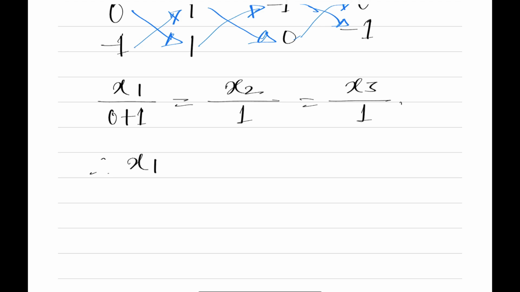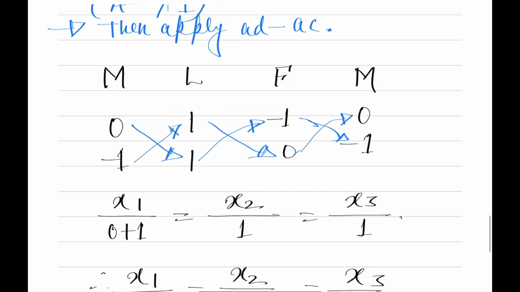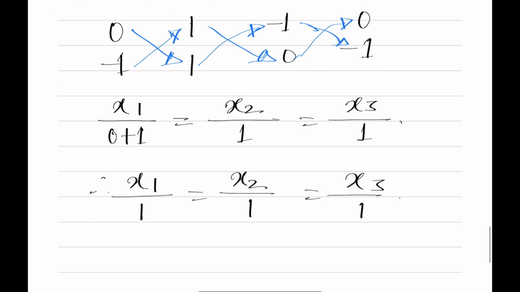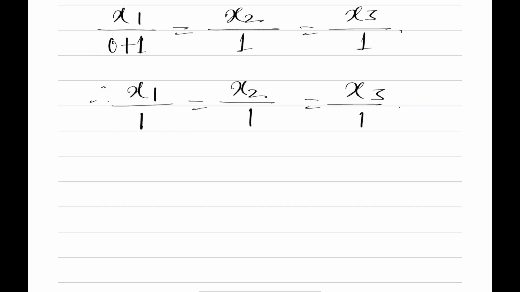Now we know the values: x1 as 1, x2 as 1 and x3 as 1. So this is our short trick for 3 cross 3, which is only valid for 3 cross 3.